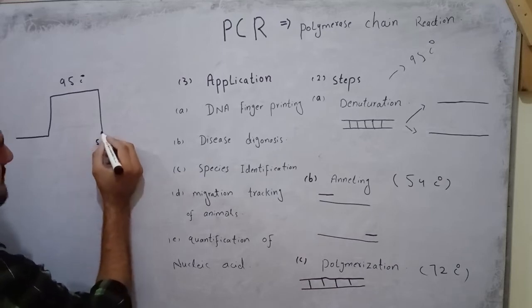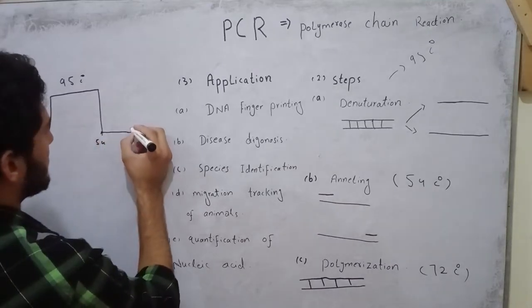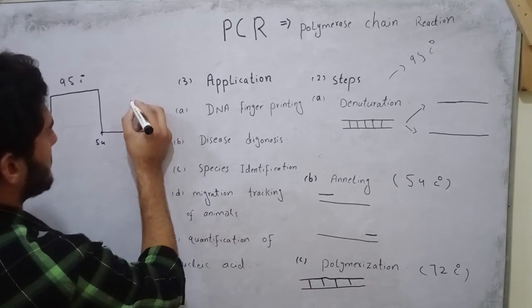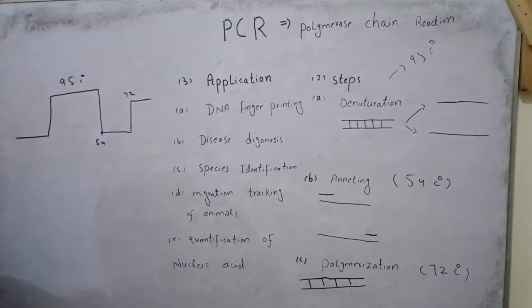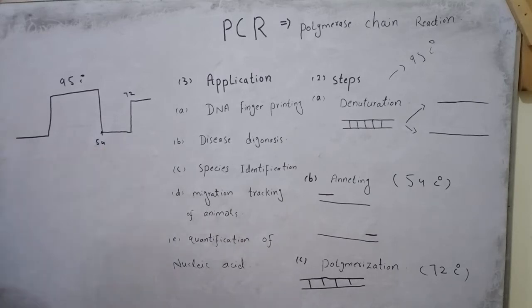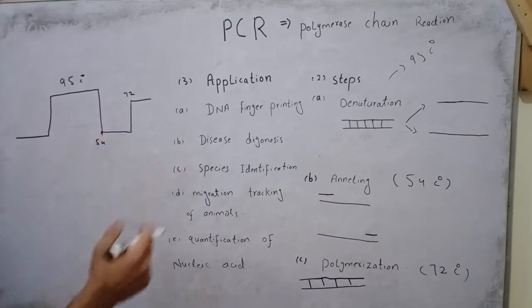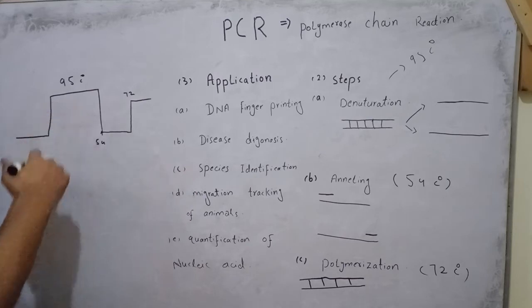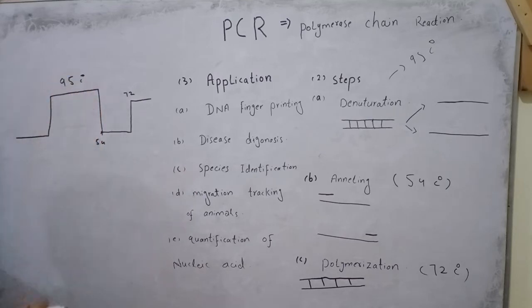Then we increase our temperature to 72 degrees centigrade. So this is the graphical presentation of the PCR process. In the first step, denaturation, we increase the temperature to 95 degrees centigrade.